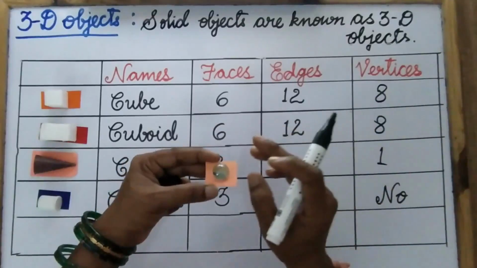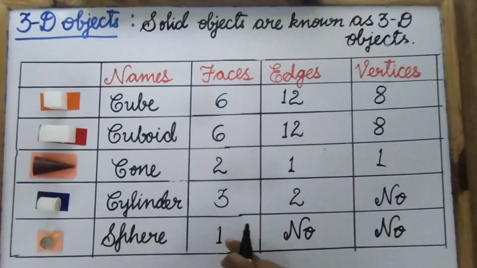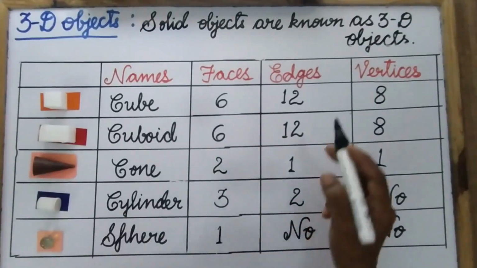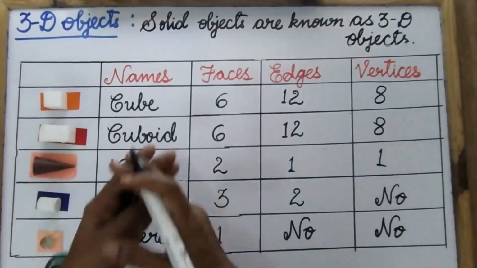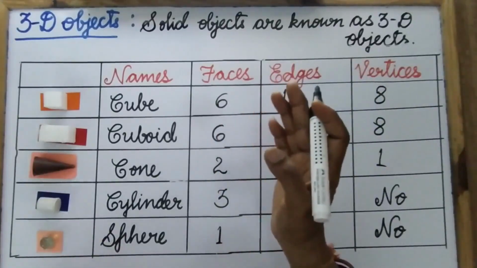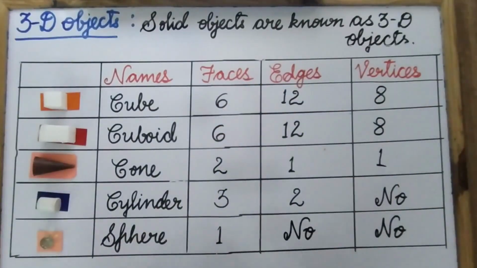So a sphere has only one face, no edge and no vertices. This is all about 3D objects, their names and their properties like surface, edge and vertices.